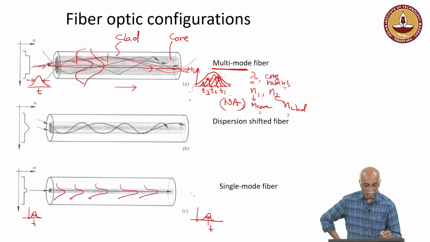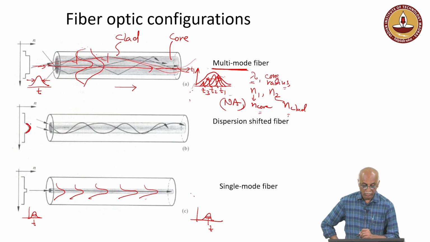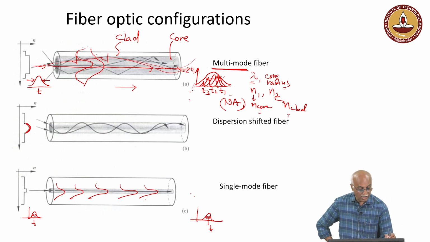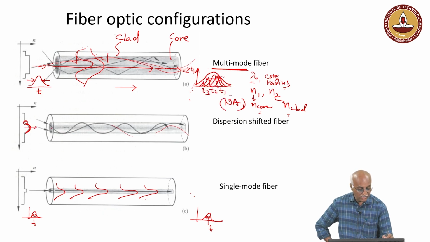Now, there is a way to correct this pulse broadening effect of the multimode fiber by introducing gradual variation in the numerical aperture, such that the light which is travelling at the interface will be travelling with a lesser refractive index, although it is propagating through a longer distance, compared to the light travelling in the center, which has a higher refractive index, although the distance to be travelled is shorter, isn't it.